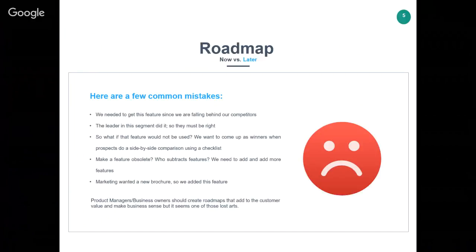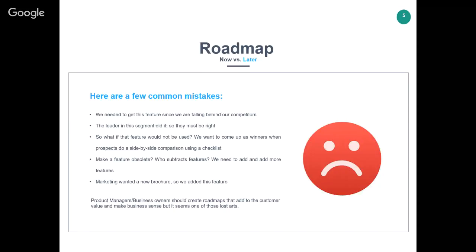Another common argument that we often hear. The third one: so what if this feature would not be used? We want to come out as winners when prospects do a side-by-side comparison using a checklist. I'm not sure about you guys, but I have heard this argument so many times from the marketing and the sales team.